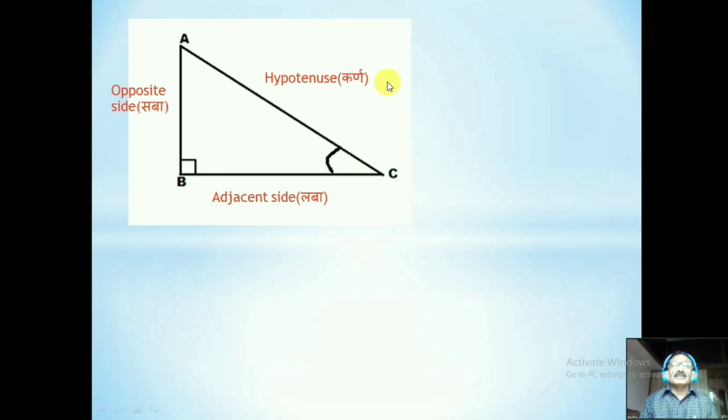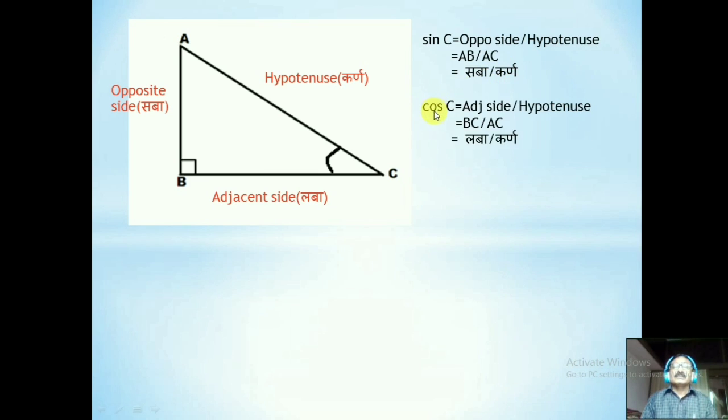Now we see some trigonometric ratios. Sine of angle C is equal to opposite side upon hypotenuse. Means opposite side in case of angle C, opposite side AB upon hypotenuse AC, AB upon AC. In Marathi, Saba Chhed Karna.